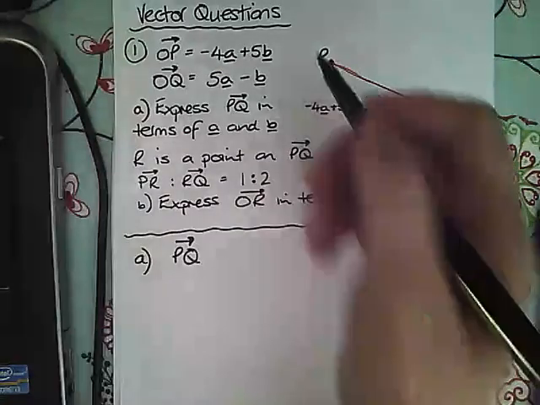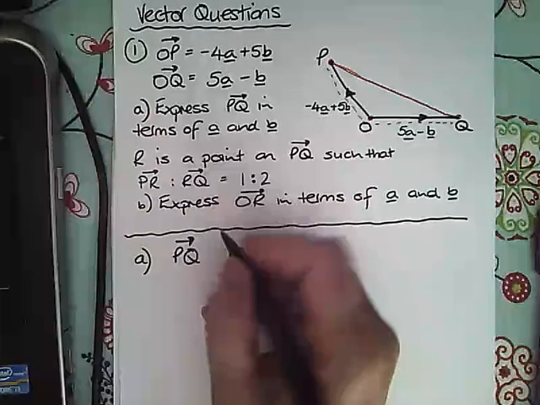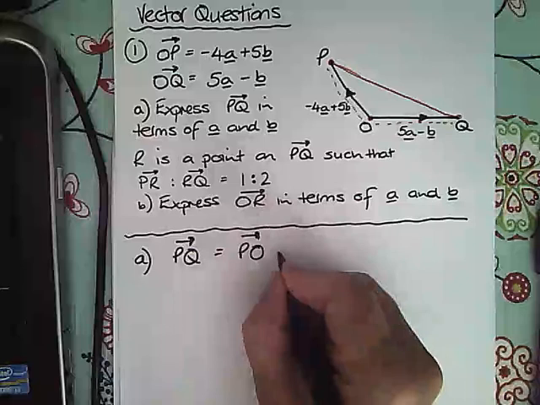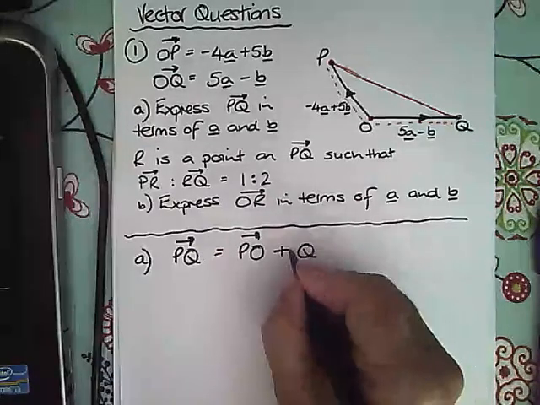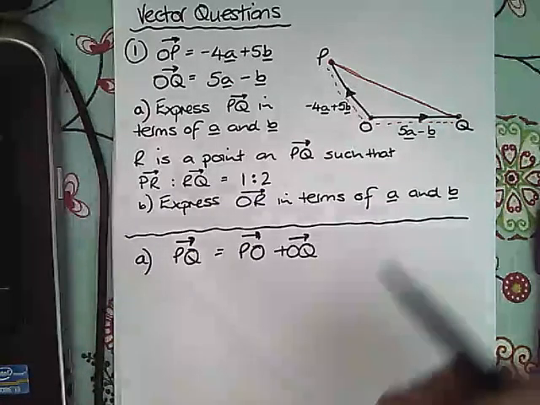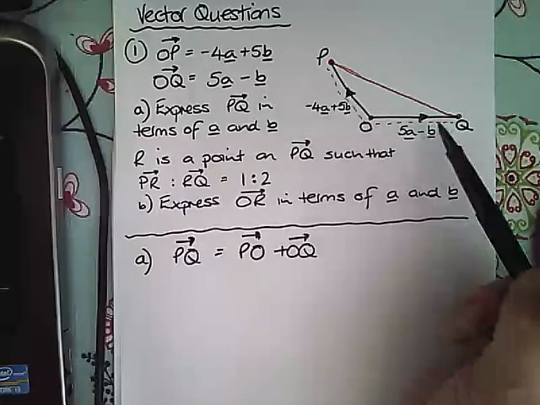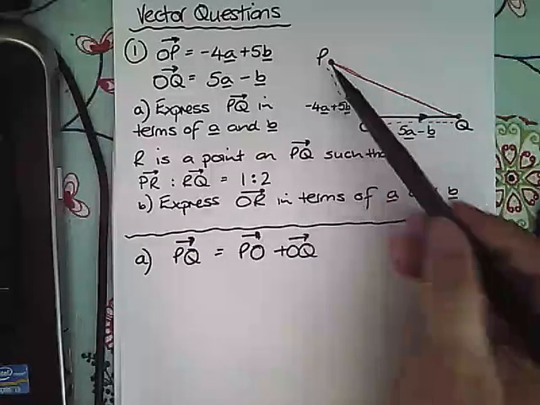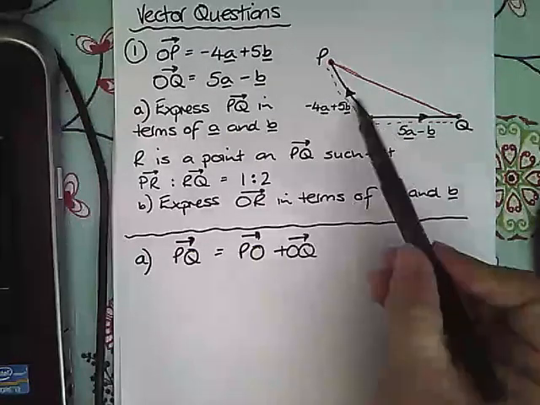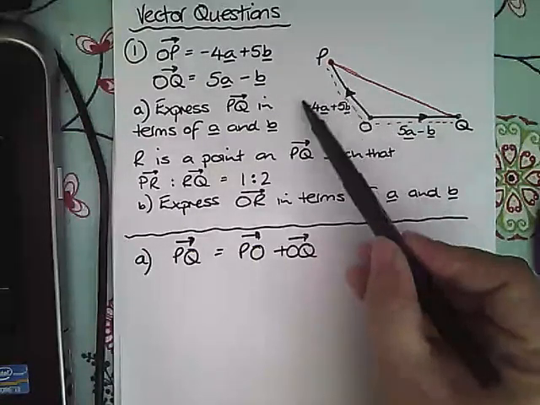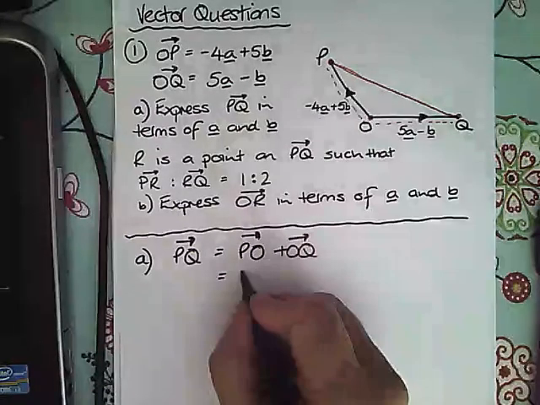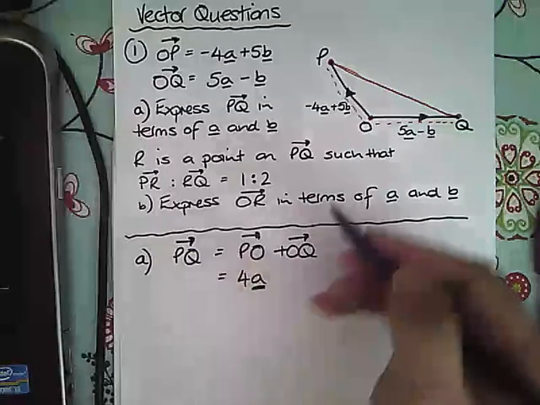So to get from P to Q, going the roundabout way, I would have to walk from P to O, that's one vector, and then I would have to go from O to Q, that is the other vector. Then we substitute in the values we've been given for those vectors. Now I'm going the wrong way along OP. OP goes in that direction. I want to go the wrong way along that, so I need to change the signs on these elements of the vector. The opposite of -4a is +4a, so just a normal 4a.